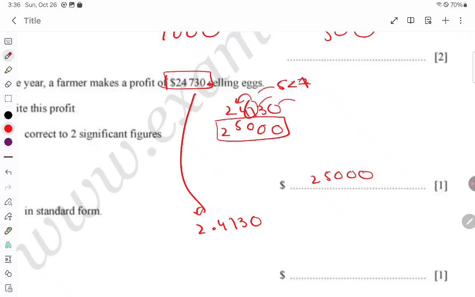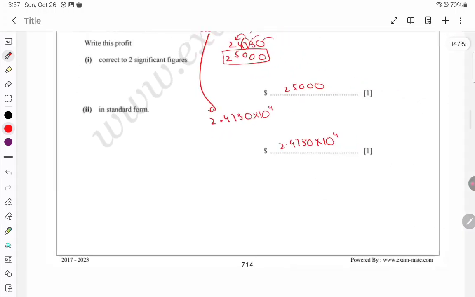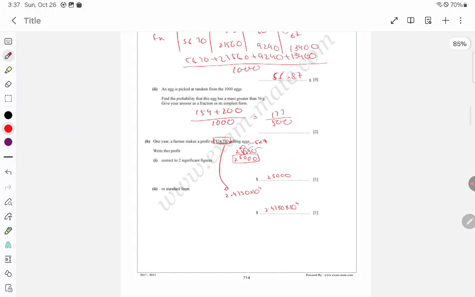Assume that the dot is here because it is not somewhere in the middle of the term. So 1 2 3 4. We write exponent 4 with the positive sign because we are reducing this value into the decimal form. So 2.4730 to the power 4. So this is part 2 of the B part.